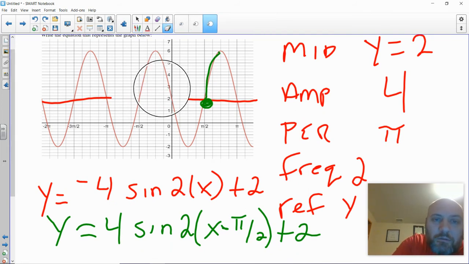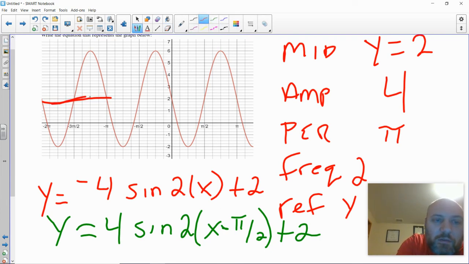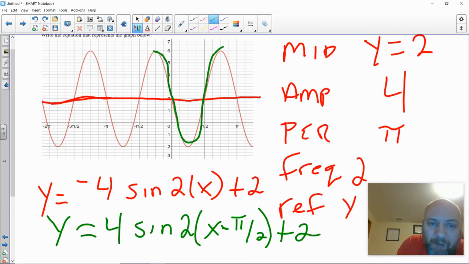And lastly, if you are doing a cosine curve, let's say you're doing this cosine curve right here, its maximum starting height is at negative pi over 4, so I have a horizontal shift.